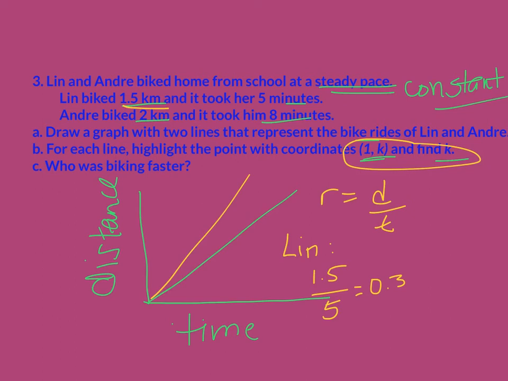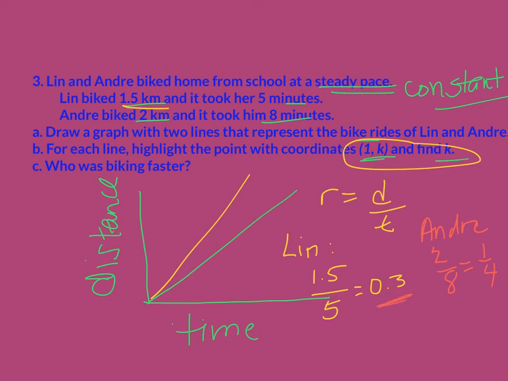And then if I do the same thing for Andre, Andre went 2 kilometers in 8 minutes. I can right now go straight to my calculator, but I should recognize that 2/8 is equal to 1/4.